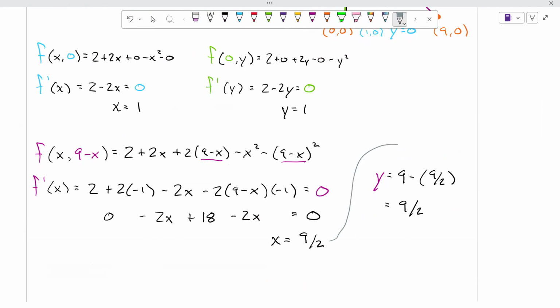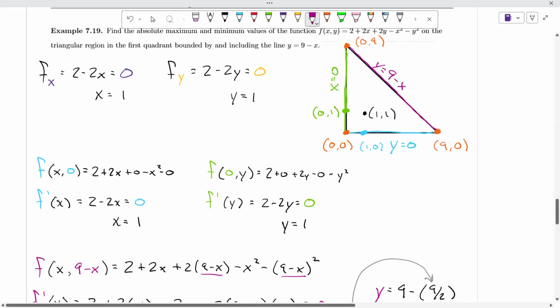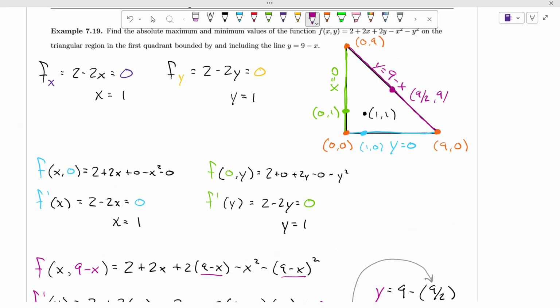Anyway, I'm gonna substitute right over there. Which means I am looking at this point right about there-ish at 9 over 2, 9 over 2. When in full screen mode, I don't get the time anymore either. So that's lovely.